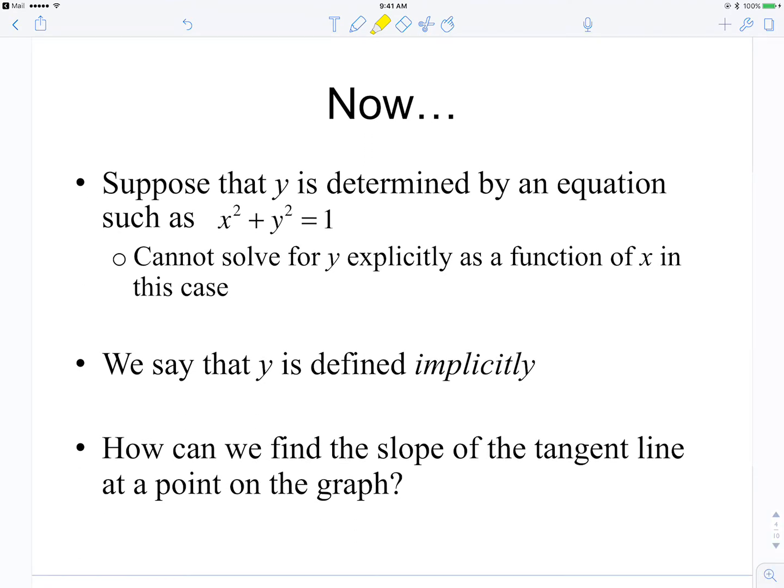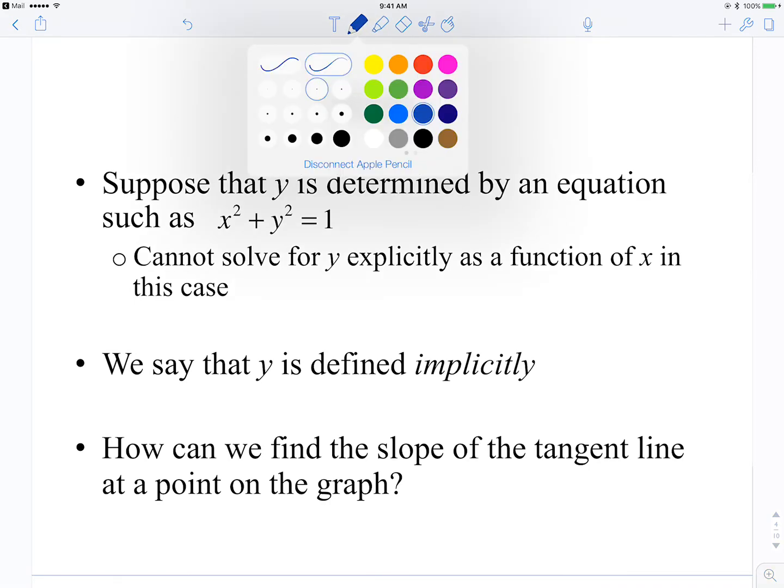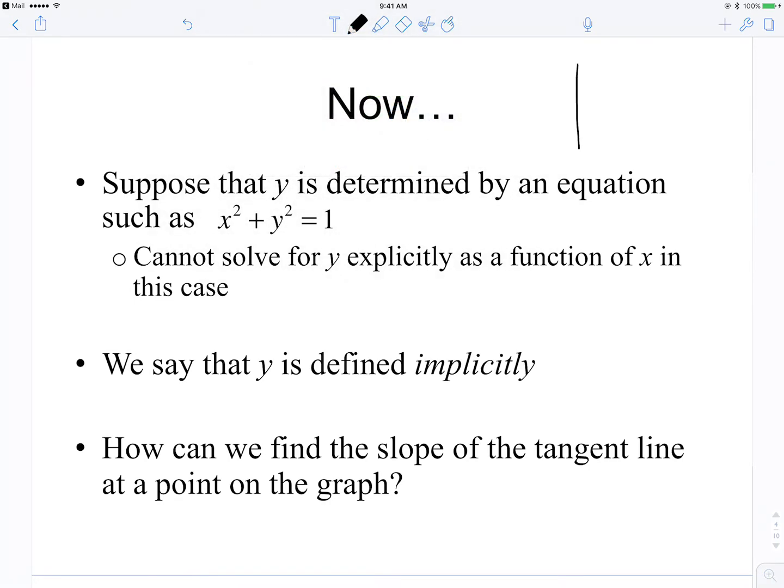So here's another equation that does not represent a function: x squared plus y squared equals 1. The graph of that equation is a circle centered at the origin that has a radius of 1.